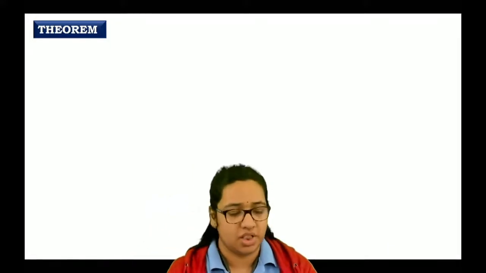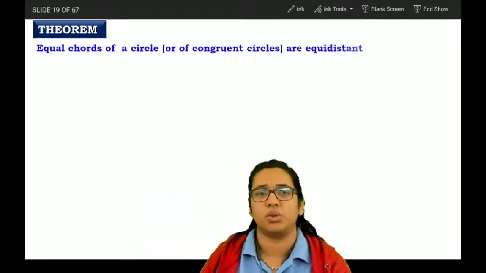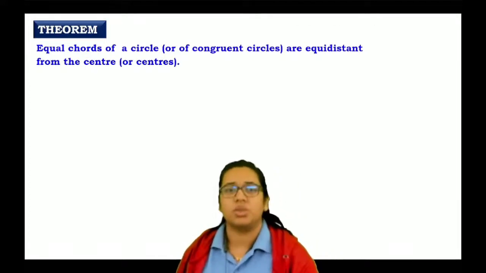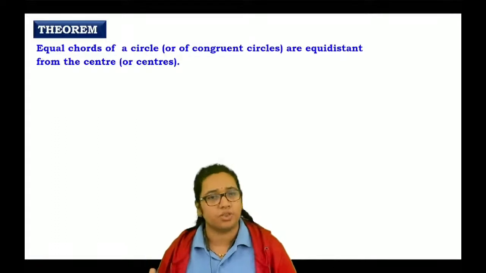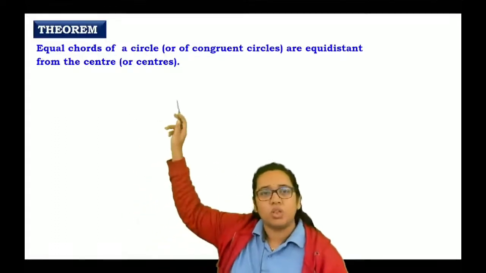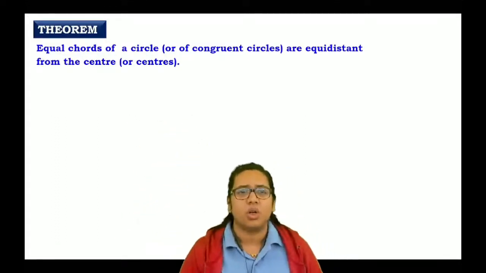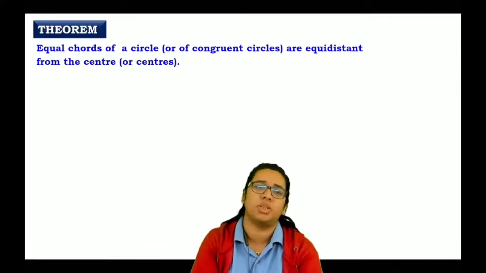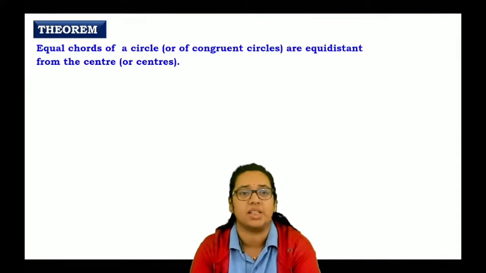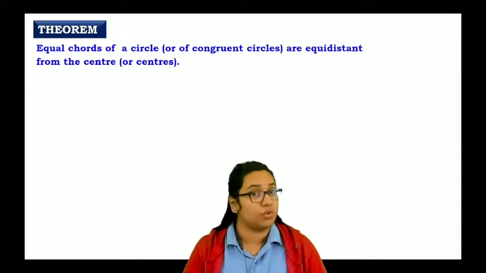So in the last lecture we have already covered a few theorems. In the first half, we'll just go through a few important ones. The first theorem is that equal chords of a circle or of congruent circles are equidistant from the center or centers, right? So what is the meaning of chord?